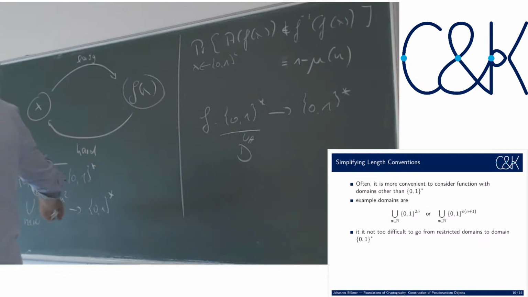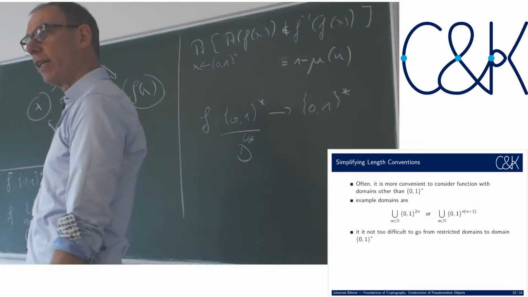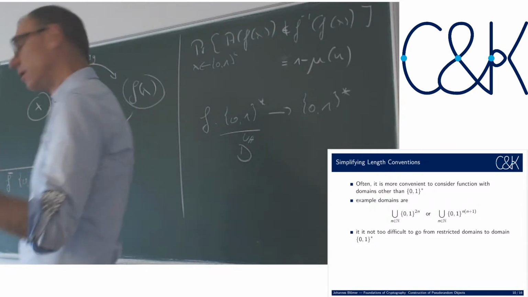And what you do, so it's n squared. So then what you can do, you take a pre-image that consists of n bit strings, each of length n.